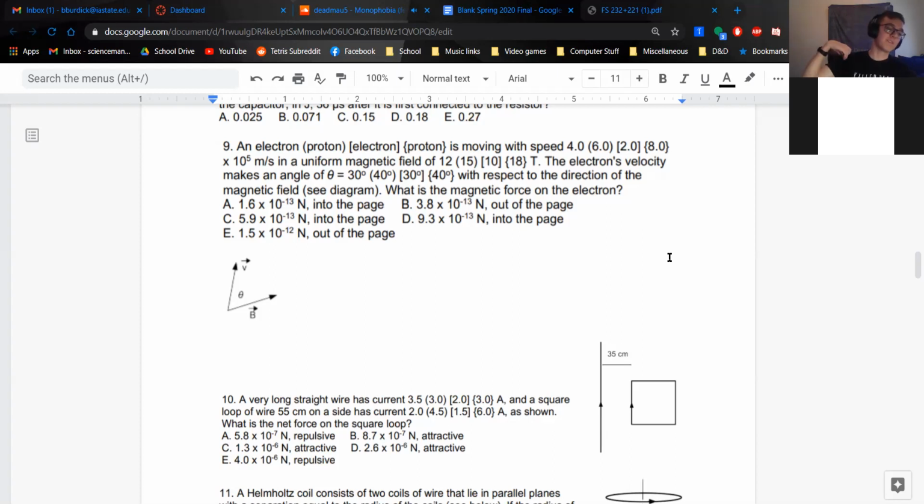It's 1.6 times 10 to the minus 19. I think that is on your equation sheet. It's on the first page.